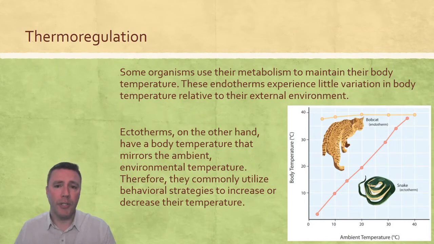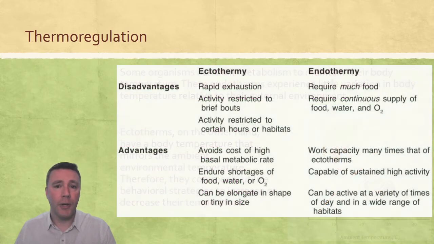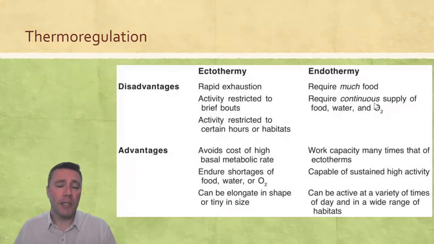There are advantages and disadvantages to both of those types of thermoregulation. For ectotherms, oftentimes their activity is restricted to certain times of the day when the temperature allows for their metabolism to increase. On the other hand, an endotherm is disadvantaged because of the high amount of food and a continuous supply of relatively high amounts of oxygen that are required.